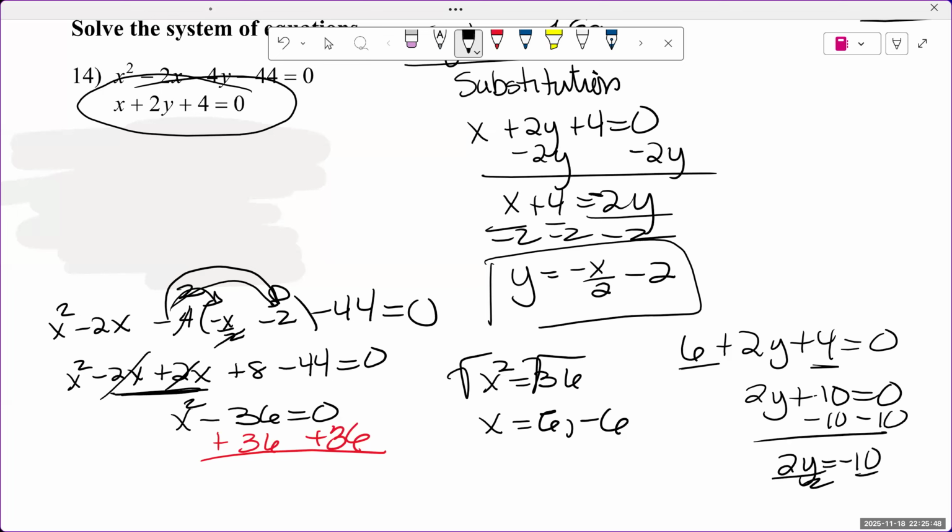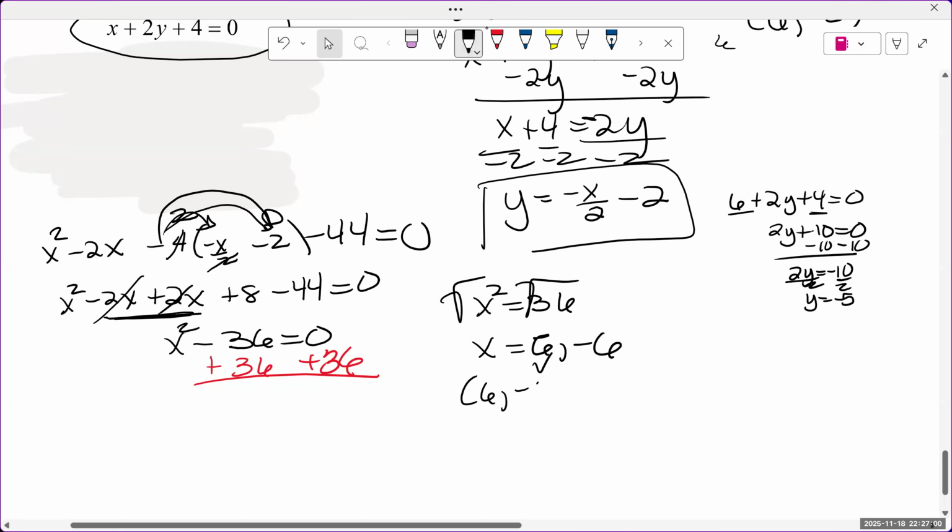Divide by 2. y is equal to negative 5. So when x is positive 6, y is negative 5. But I also have negative 6. We have positive 6, negative 5. Now, what if x is negative 6?